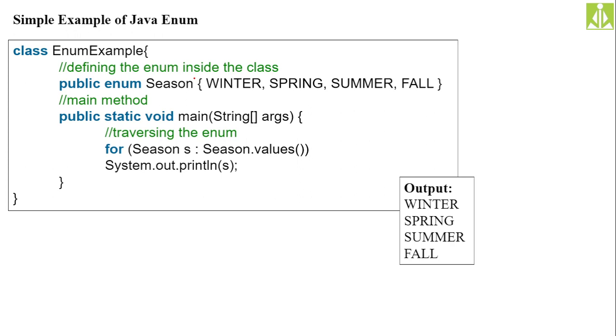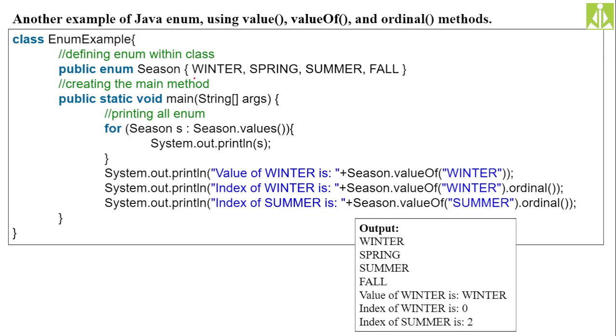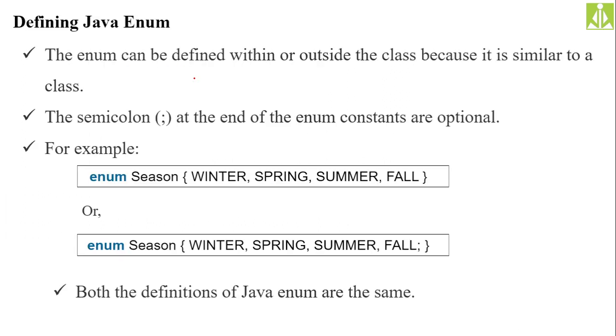This is a simple example we are seeing over here, and then we will see the values method and ordinal method which we can apply on the enum. This is the second example we see, and then we see how we can define the enum inside as well as outside the class. There are two different forms of defining this enum, one like an array, and the other one like a class.